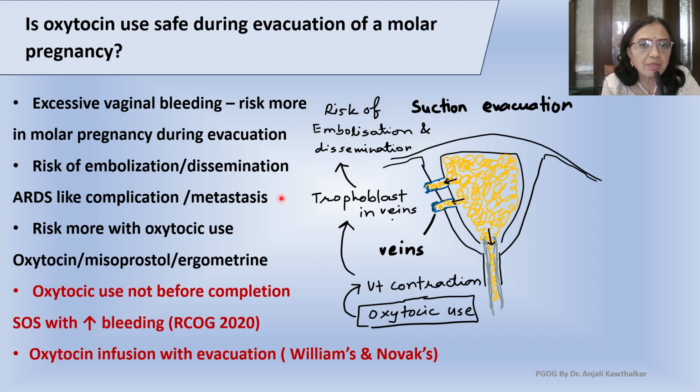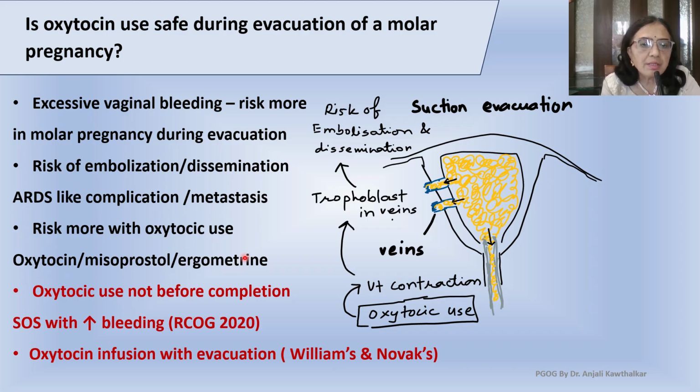These are the two facts we have to keep in mind. On one hand, excessive bleeding; on the other hand, risk of dissemination, leading to embolization and metastasis. This risk is more with oxytocin use. Dissemination and embolization risk increases with the use of any oxytocic, such as oxytocin, misoprostol, or ergometrine.